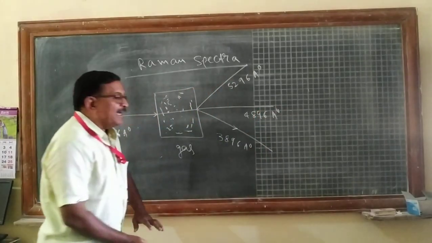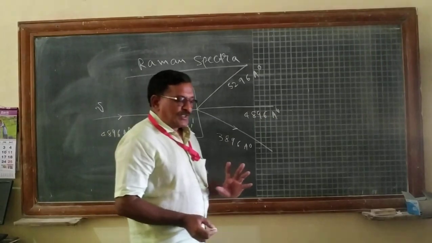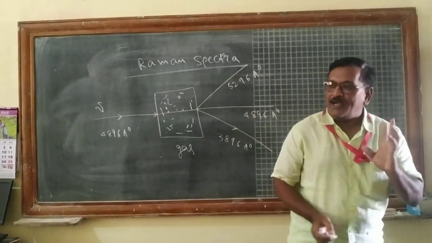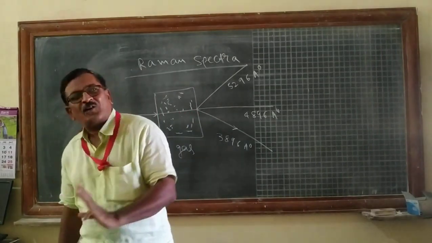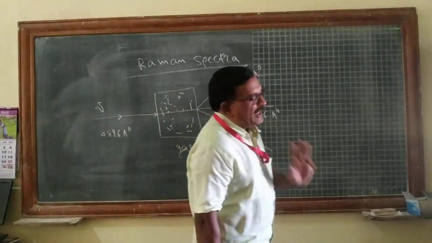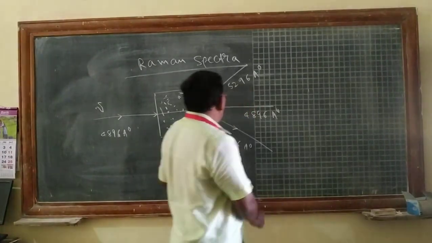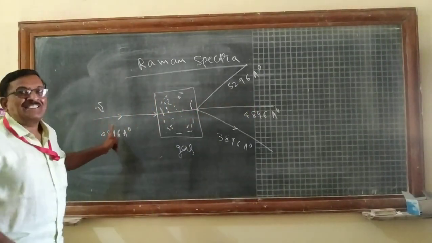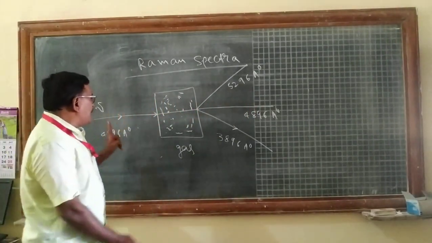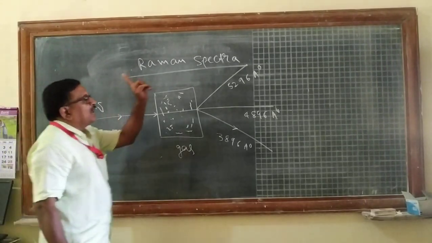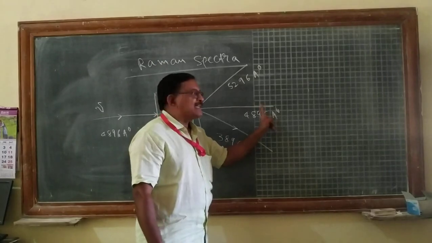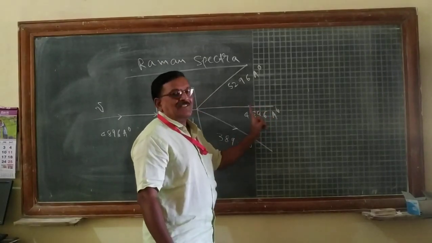Here the Raman effect is observed. Three types of spectral lines are formed when light passes through a solid, liquid, or gaseous substance. The incident light has the same frequency, 4896 angstrom, and this line also has the same 4896 angstrom.